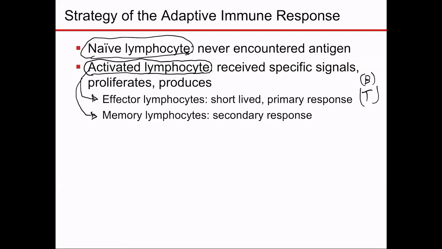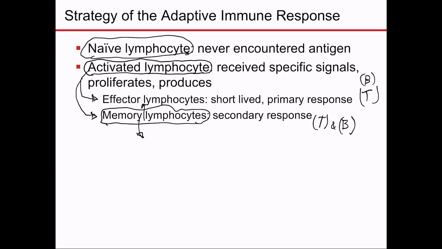That would be the case of the plasma cells that secrete antibodies. And then for both T cells and B cells, you can also produce memory lymphocytes.